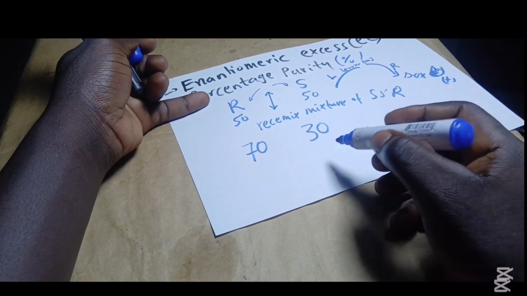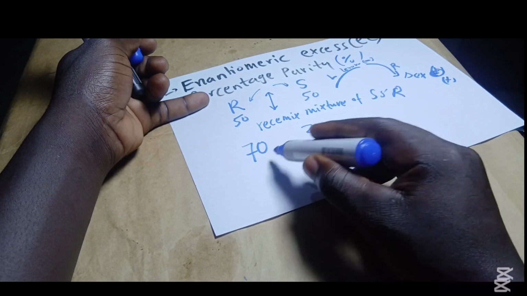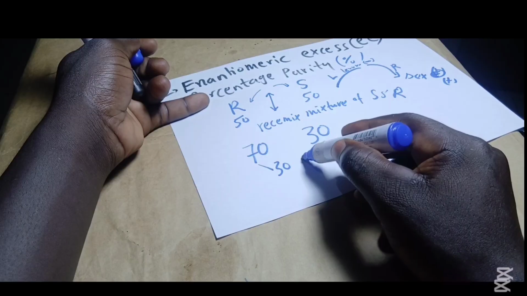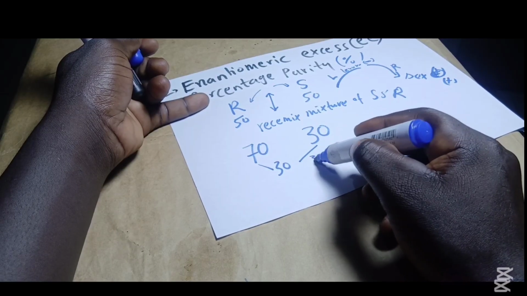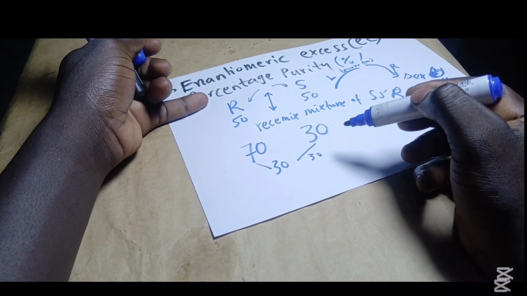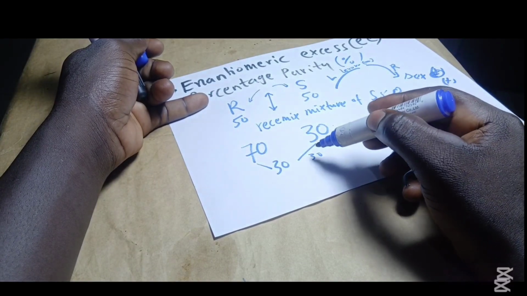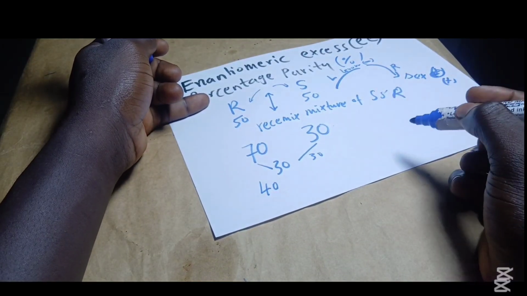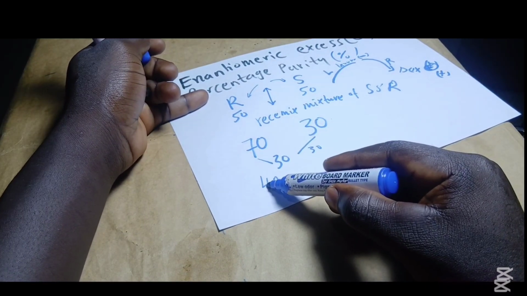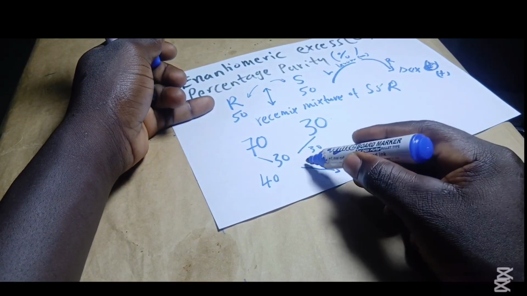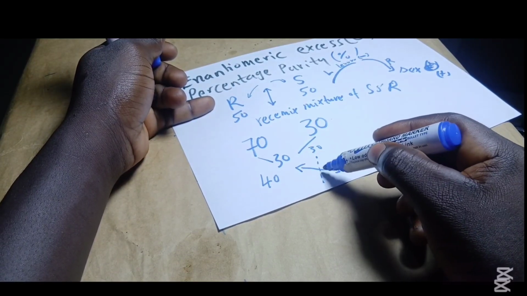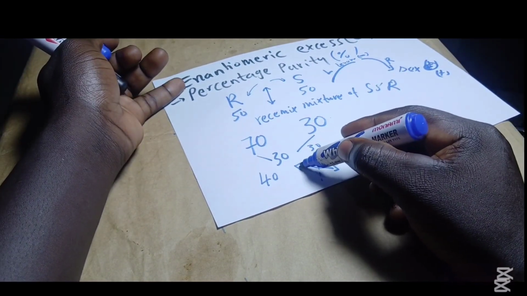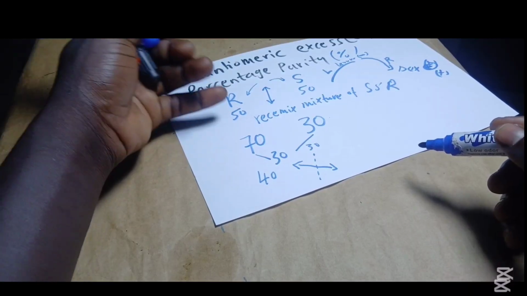So at the end of the day, 30 of the R will form a racemic mixture with the 30 of the S. If 30 form a racemic mixture, then we will still have some of the R in the solution, which will be 40 of the R. So the R will dominate and it will turn the plane polarized light to the left. In this case, we are assuming that R will turn to the left and S will turn to the right. So it will turn to the left because R dominated here.